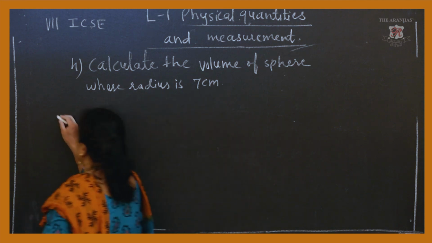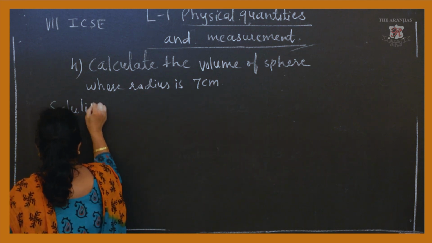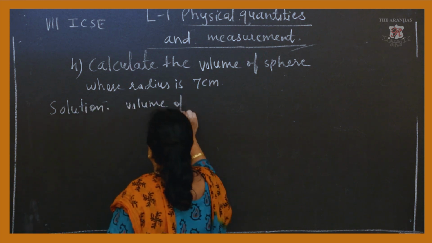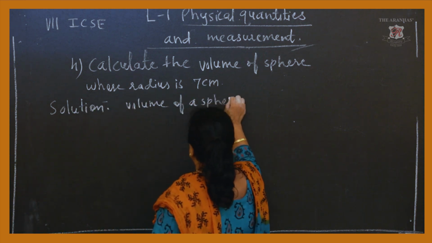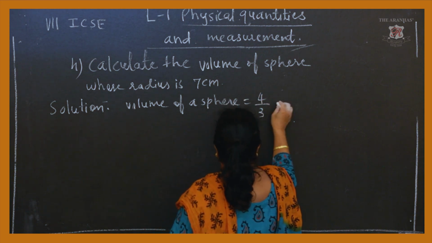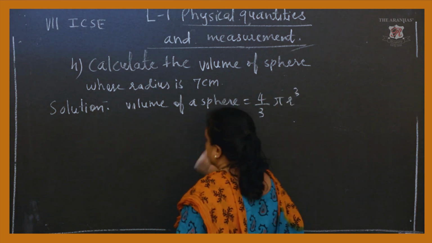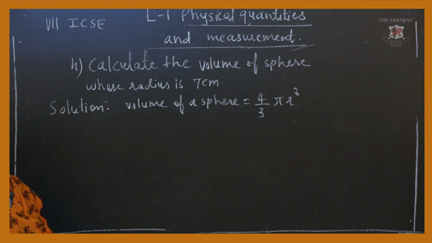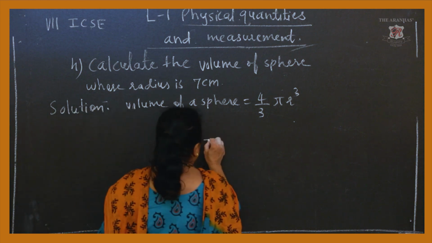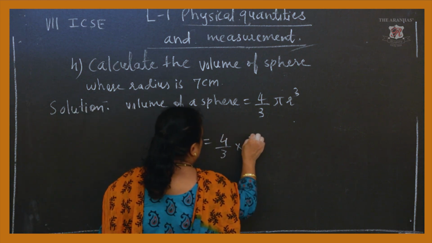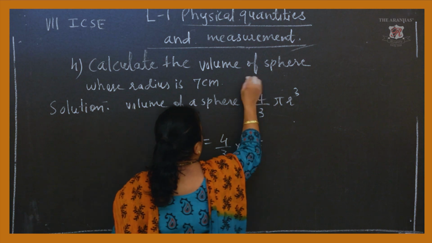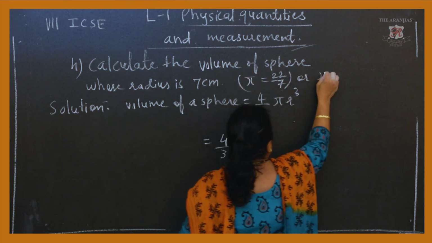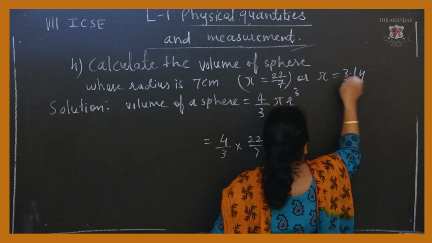So the solution goes like this: volume of a sphere is equal to 4/3 pi r cube. Where now we are writing 4/3, value of pi is equal to 22/7, or pi is equal to 3.14.